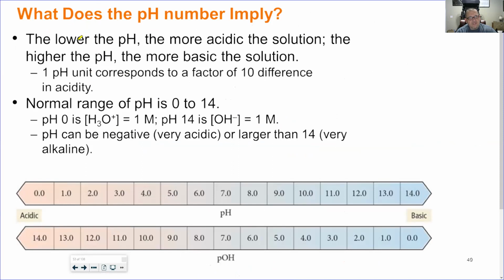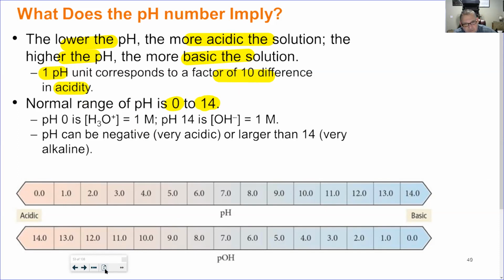So what does that pH number imply? The lower the pH, the more acidic the solution is, and the higher the pH, the more basic the solution is. What the pH scale means is that 1 unit on the pH scale corresponds to a difference in factor of 10 of the acidity or the concentration of the proton. Now, the normal range that we describe for the pH scale is 0 to 14. But I want you to understand that that's not the end of it.